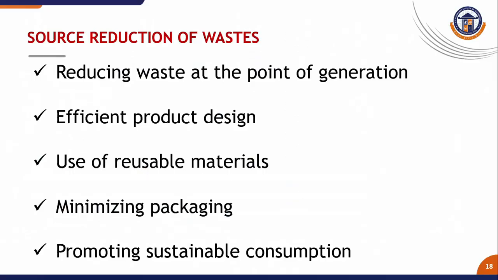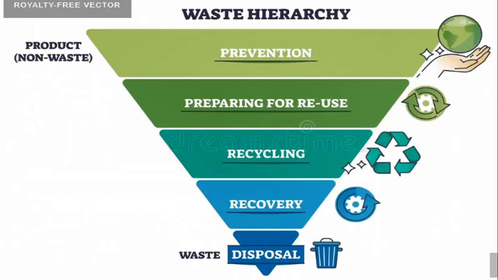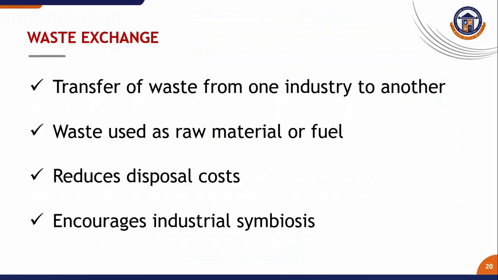Source reduction of waste: reducing waste at the point of generation, efficient product design, use of reusable materials, minimizing packaging, promoting sustainable consumption. Waste hierarchy: prevention, then preparation for reuse, recycling, recovery, and finally disposal.